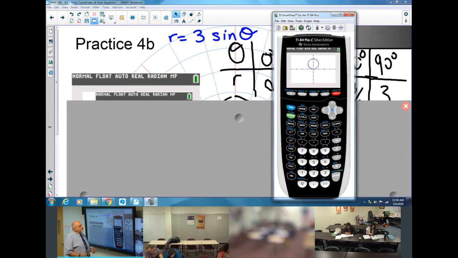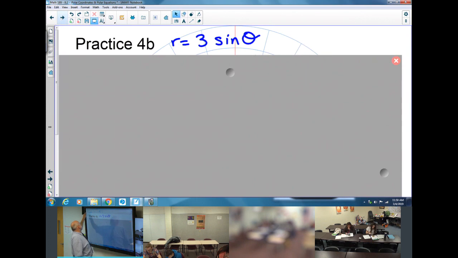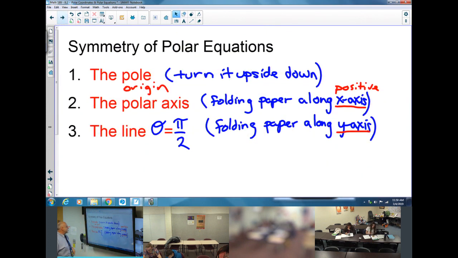All right, now the next thing we want to talk about is symmetry. Polar equations often are symmetrical. This one is symmetrical about the y-axis. But we don't call that the y-axis in polar equations; theta equals pi/2 would be that y-axis. When we talk about symmetry of polar equations, there's symmetry through the pole, or what we normally think of as the origin.